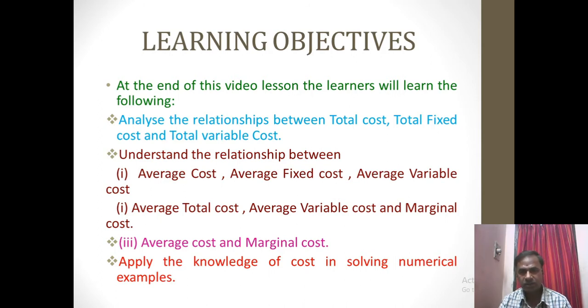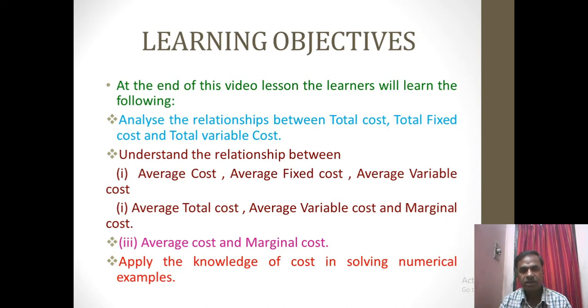And the total variable cost varies with the level of output. If the level of output increases, the total variable cost also increases. So, the total variable cost is upward rising. The shape of total variable cost is S-shaped.